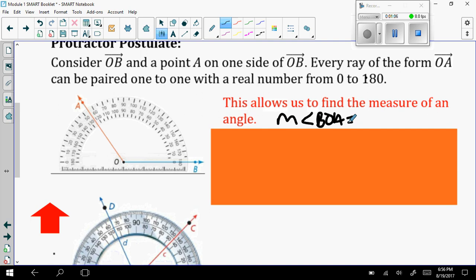Kind of looks like it passes through 55 right there, and then here 125, depends on which direction you're reading it from. Because this one is obtuse, I am reading it from this way, so I'm reading the bottom one. So my measurement there is 125.